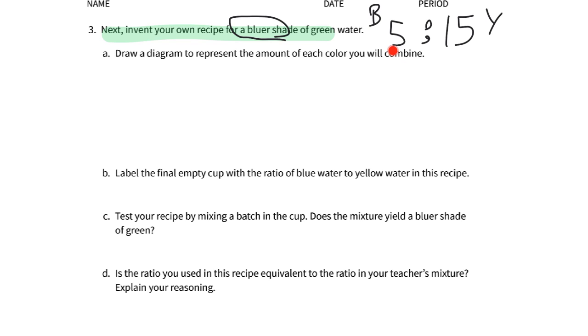So let's bump it up to, I don't know, 10 or 6. It doesn't really matter. Let's bump it up to 9 just to be different. So draw a diagram to represent what you would do. So it would be 9 to 15. So our ratio would be 9 blue to 15 yellow.